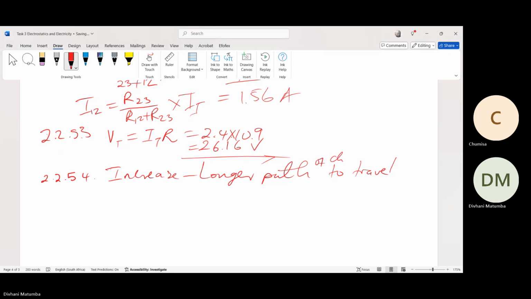Let's say, for instance, if you have a pipe and you increase the diameter of that pipe, will the flow be easy or will it be hard? Or if you are going inside a hole and then the architect decides to increase the size of the door, will it be hard or easy to go in?